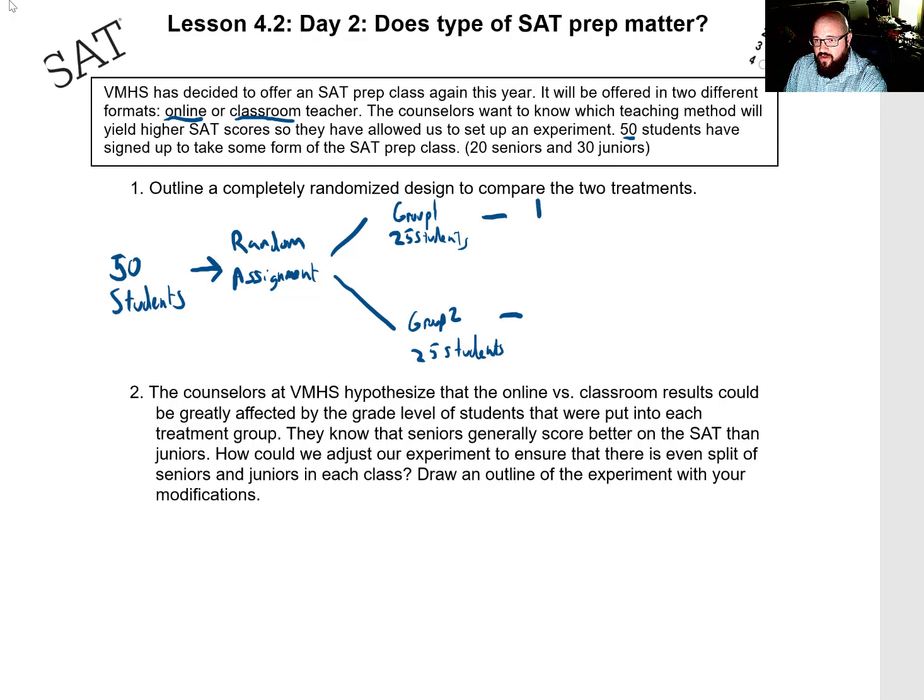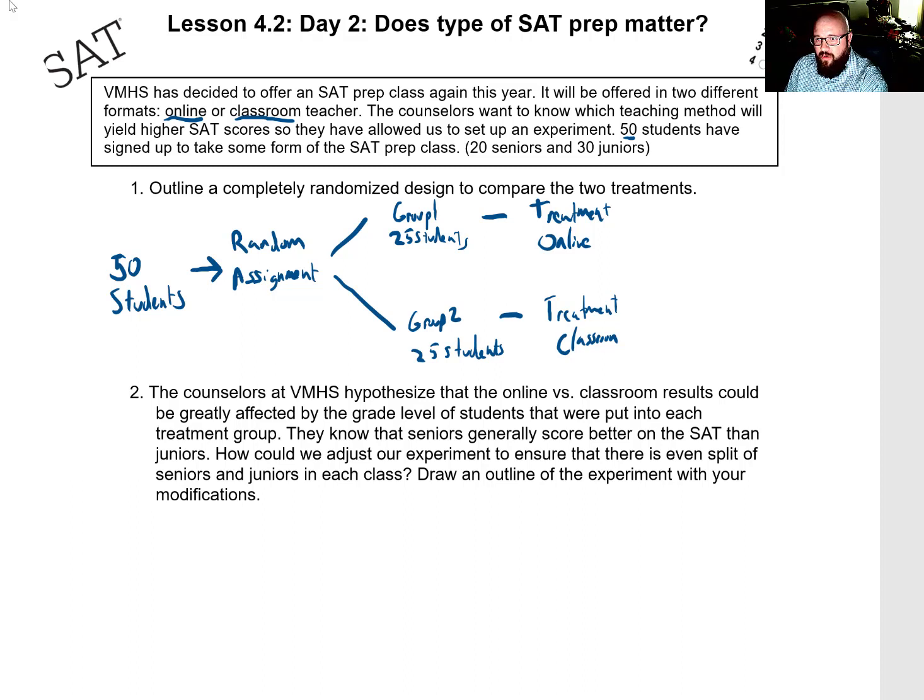Okay, so for the treatment, we're going to say this one's online for group 1. They're going to get the online SAT prep class. The treatment we're going to give for group 2 is going to be the actual classroom, okay? So we're going to give them the classroom for the actual SAT prep class.